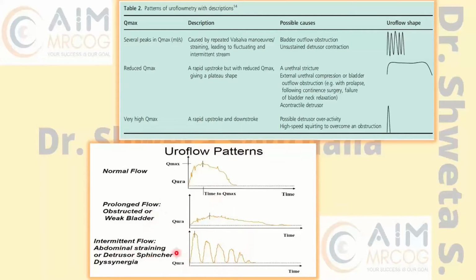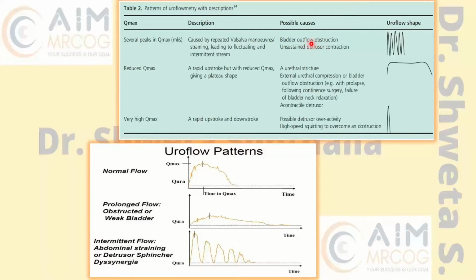Why are you getting these abnormal things? We have to understand that. Why are there several peaks in Qmax? Here you are seeing not a bell-shaped curve, but a several-peak curve. Why is it coming? It is coming when there is bladder outflow obstruction or when there is unsustained detrusor contraction.